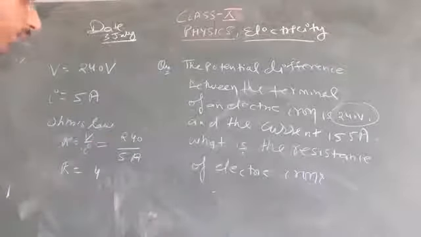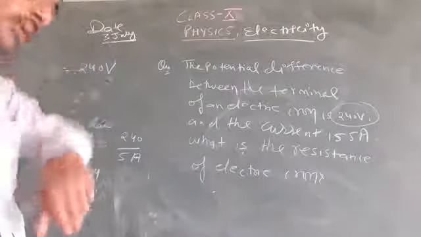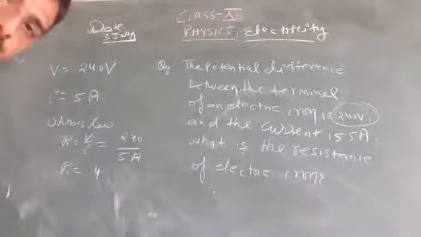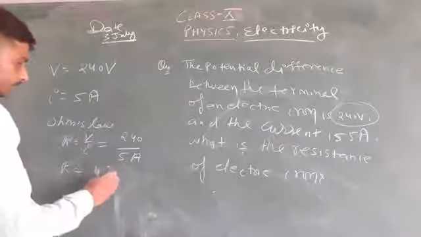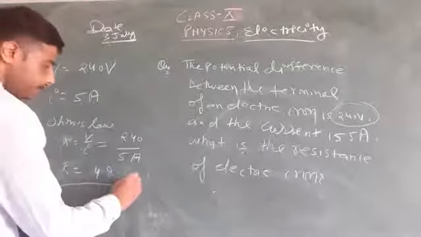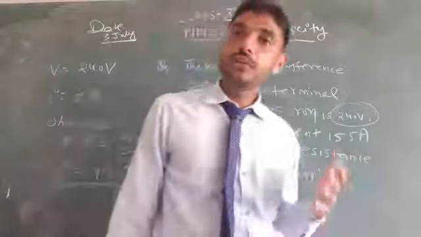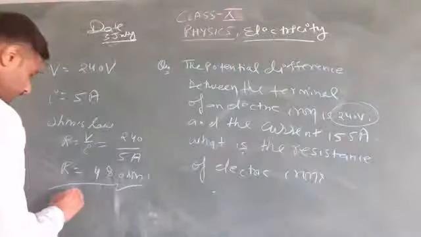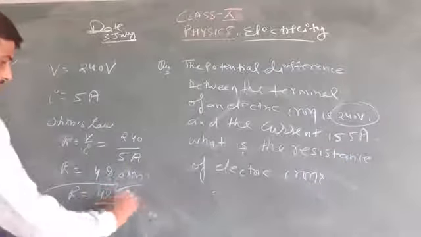4, and 0, so it becomes 40. So what will come? 5 8s are 40, 48. It means this is 48 ohm. What is the resistance of the electric iron? This is 48 ohm. What is the symbol of resistance? R equal to 48 ohm.